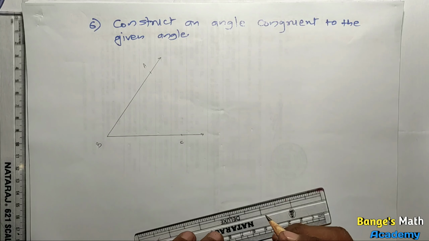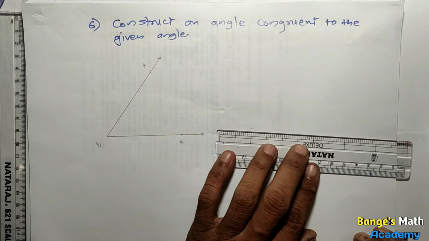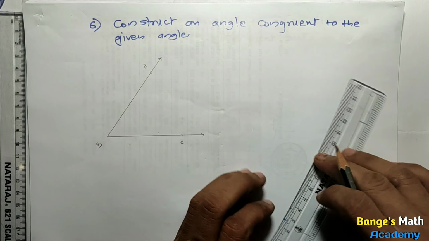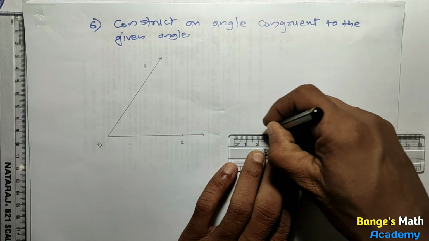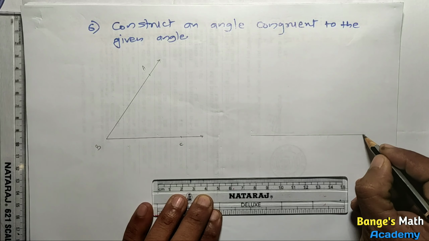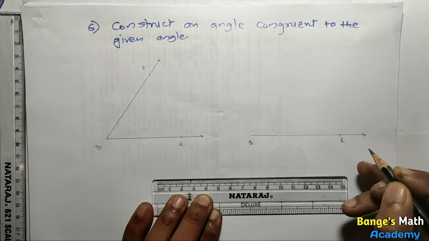We have to draw an angle congruent to angle ABC. So, draw ray QR.